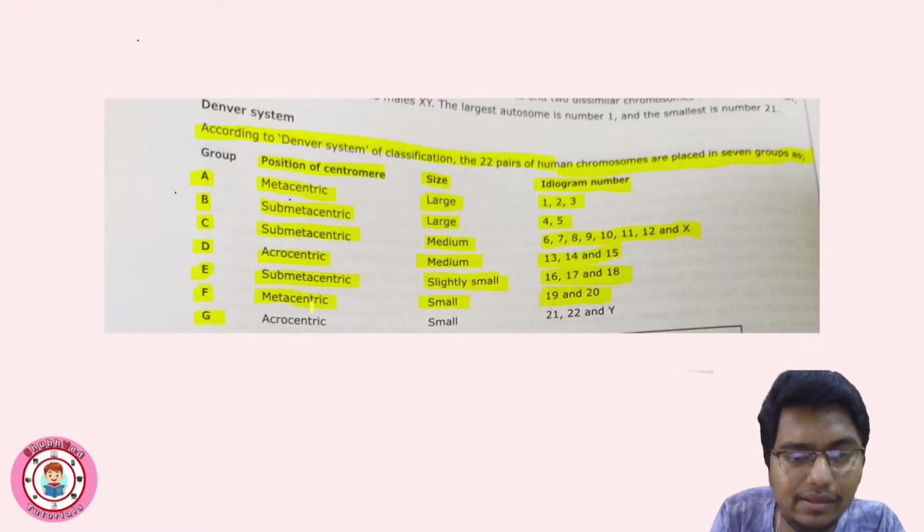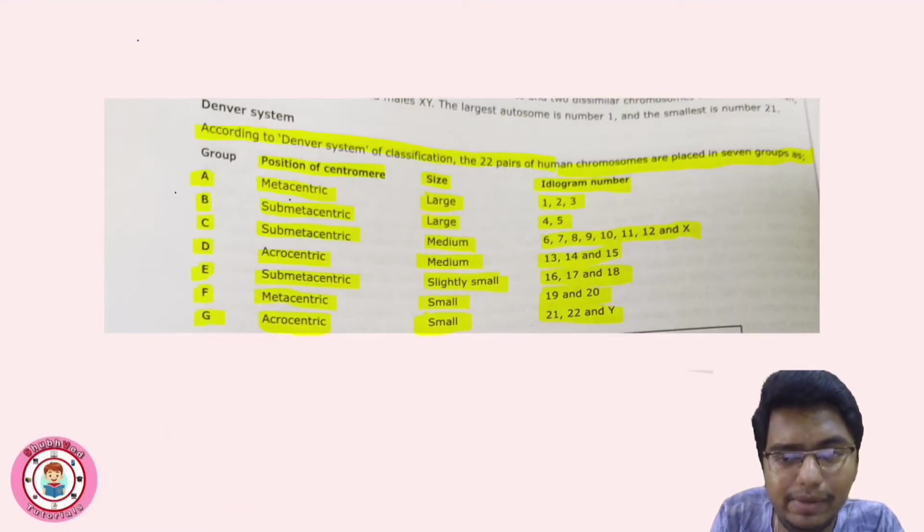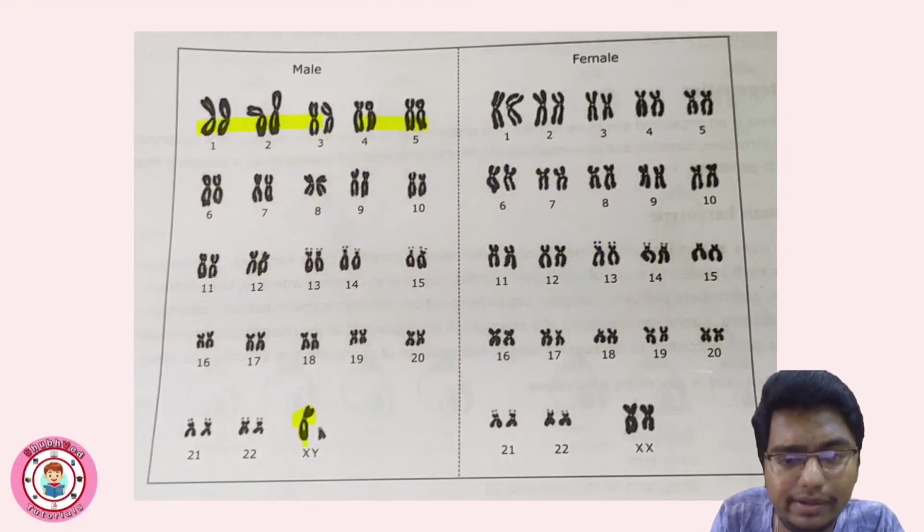G group contains acrocentric chromosomes with small size, 21, 22, and Y. So we can see the chromosomes are arranged according to size as they decrease: 1, 2, 3 large, then medium, then small. X is in the medium size, and Y is very small and acrocentric. This we have to remember.